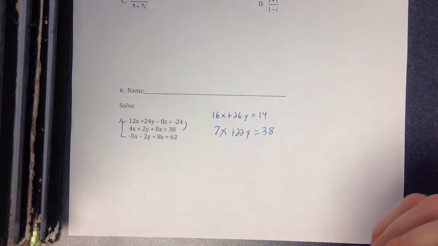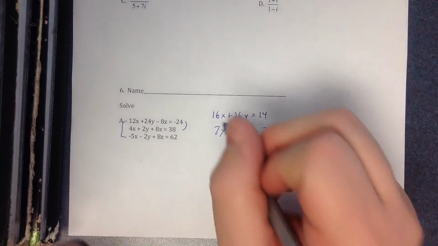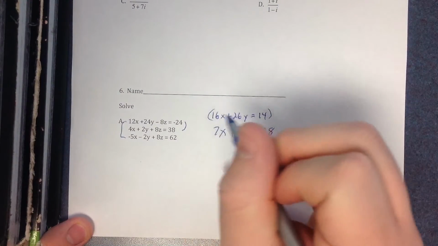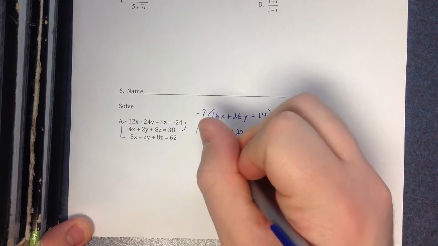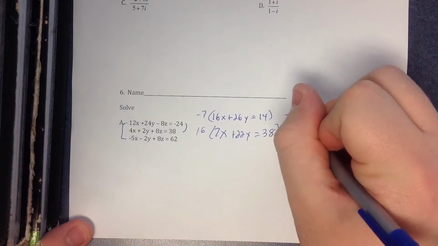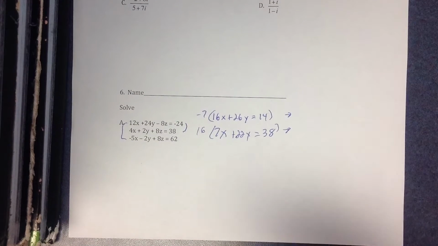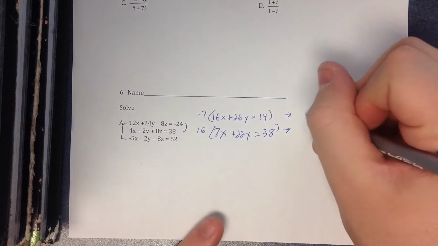So now I just have to use elimination. So I can multiply the top by negative 7 if I wanted to, and the bottom by 16 to get rid of the x. So if I do that, I have negative 7 times 16, which is negative 112x.